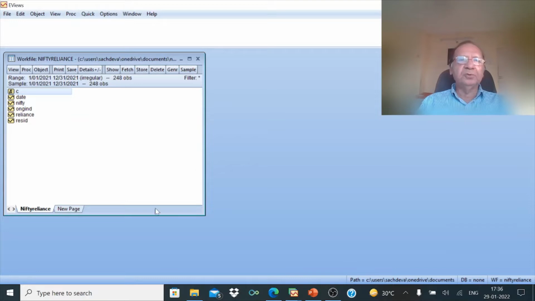Now we can open this data. For instance, you can use Control and select Reliance, because that is going to be my dependent variable.